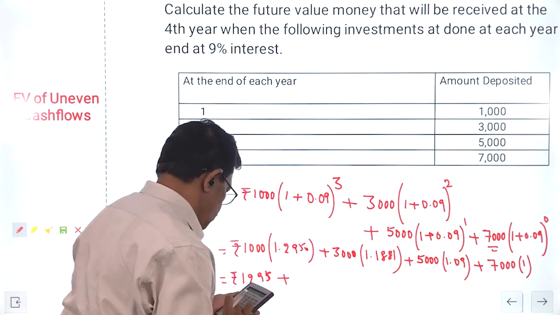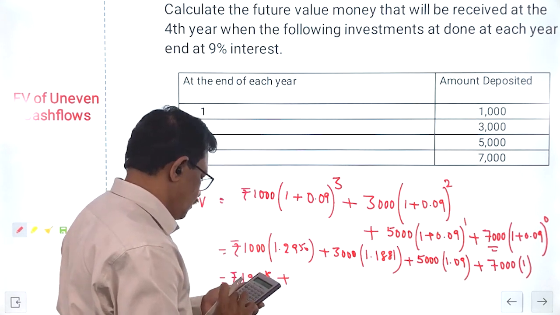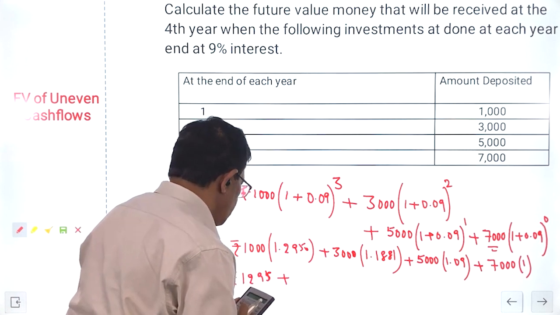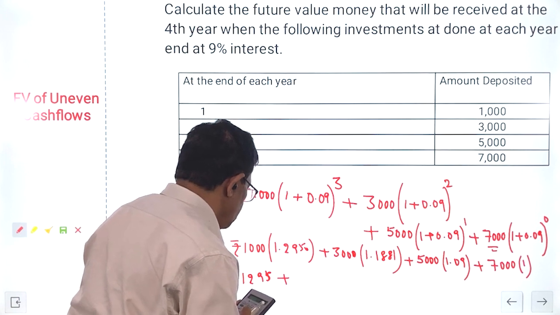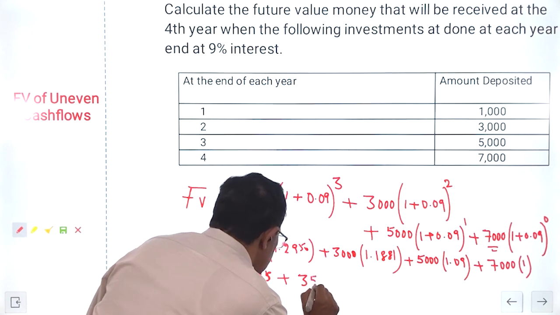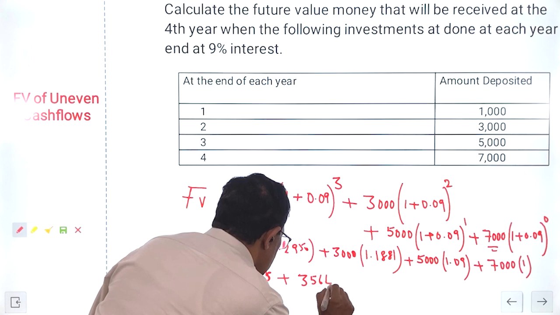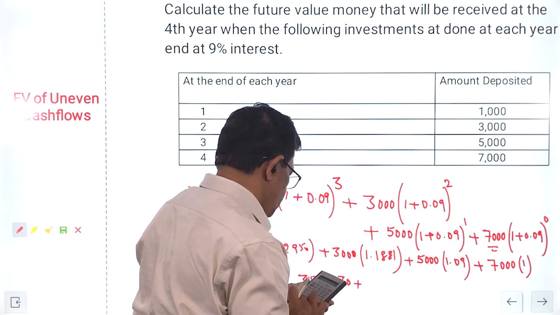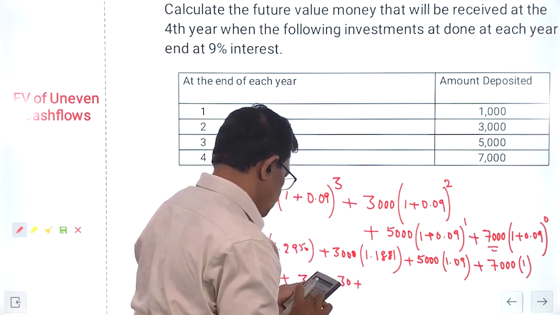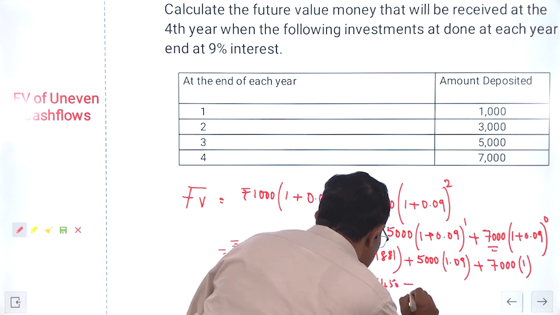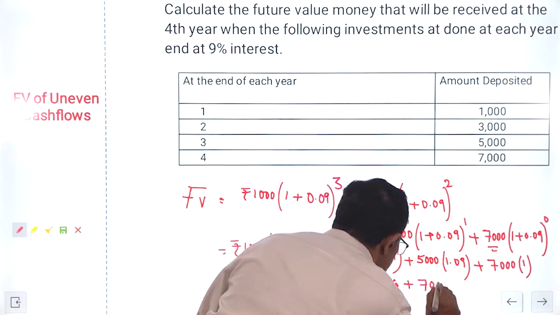Plus 3,000 into 1.1881, which is 3,564.30, plus 5,000 into 1.09, which is 5,450, plus 7,000.